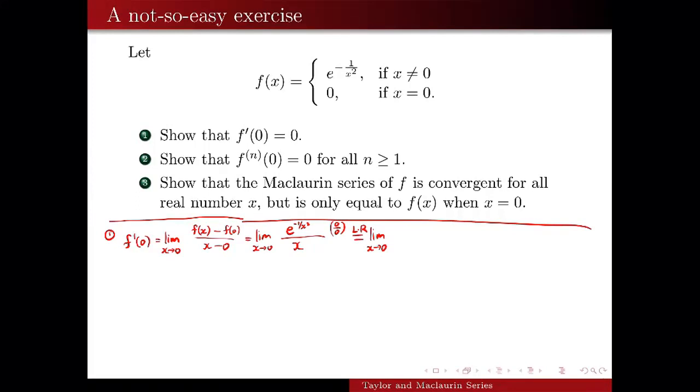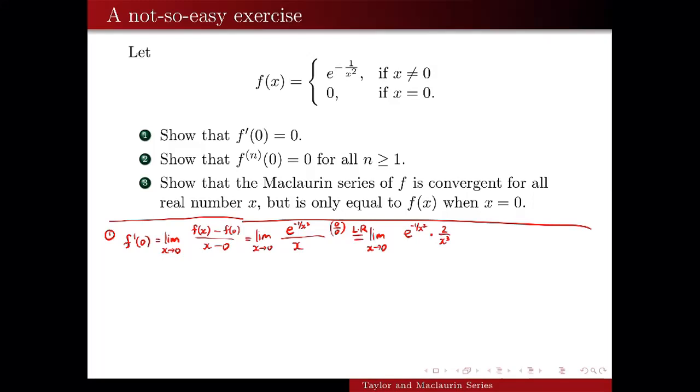But anyway, as x approaches 0, the derivative of e raised to negative 1 over x squared is e raised to negative 1 over x squared times the derivative of negative 1 over x squared. That will be 2 over x cubed.